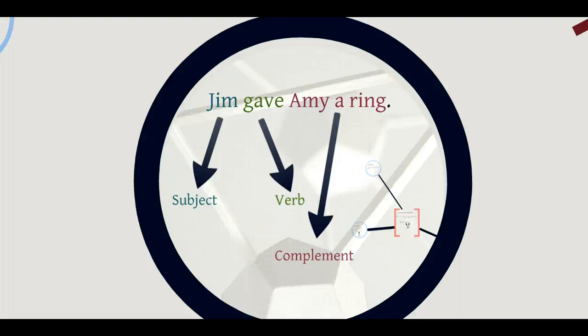Gave is the verb. The verb is the action. And we said Amy a ring is the complement. Now we notice that Amy a ring does not describe Jim, which means that these are our verb complements, not our subject complements. Okay, so let's look at our verb complements.